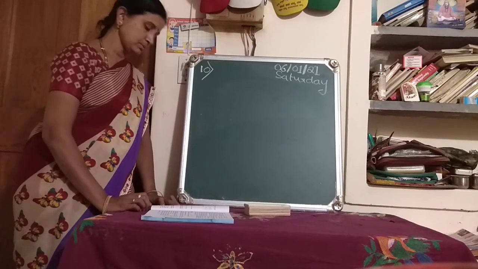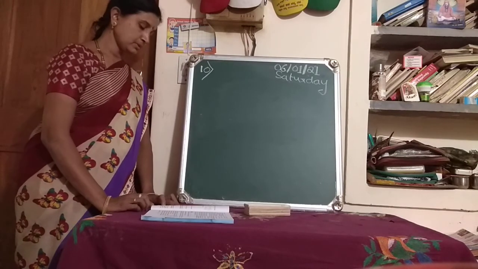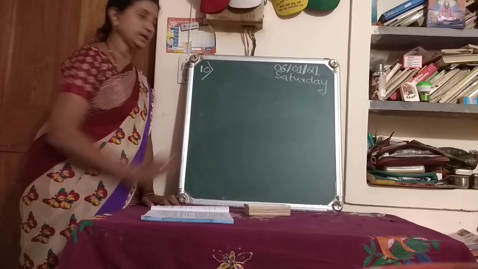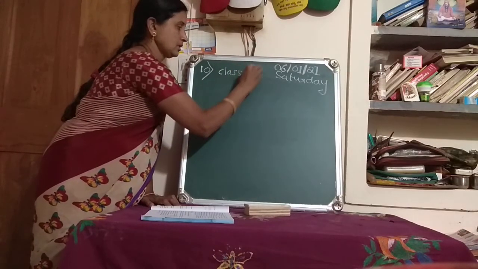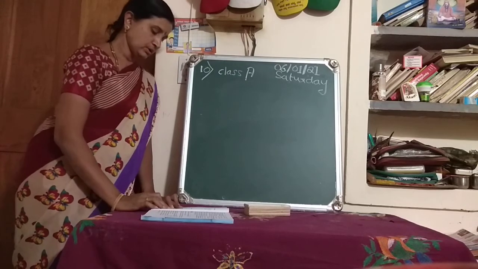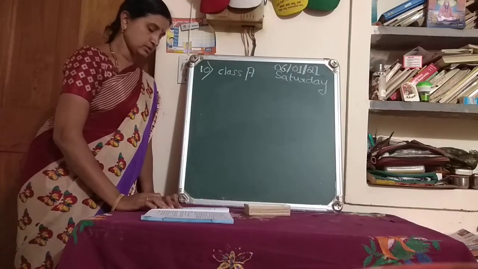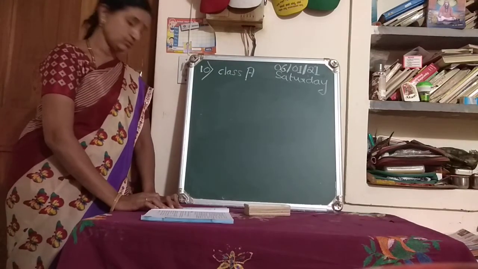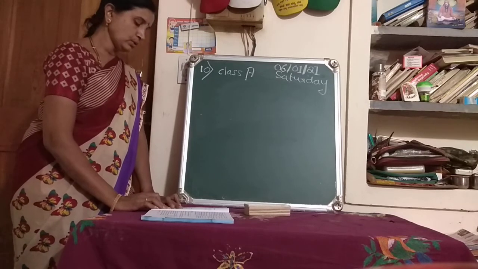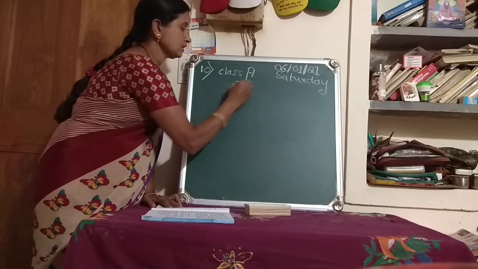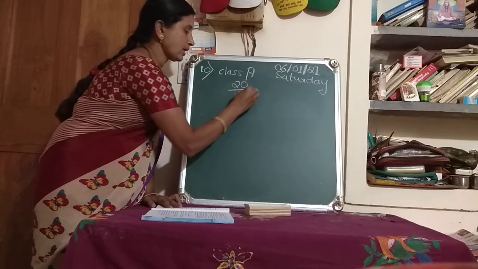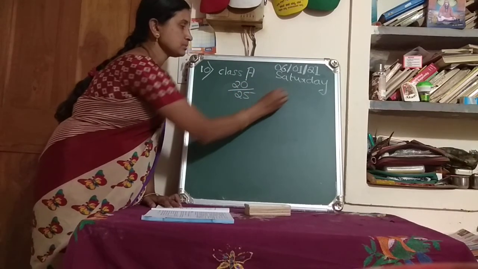Last problem, problem number 10. Class A contained 25 students. Out of 25, 20 passed with 60%. So 20 students out of 25 passed with 60%.